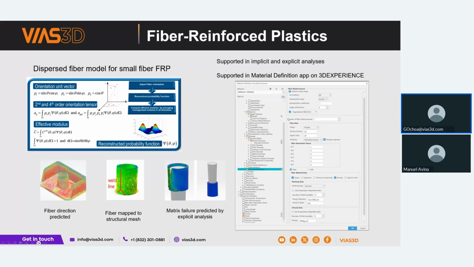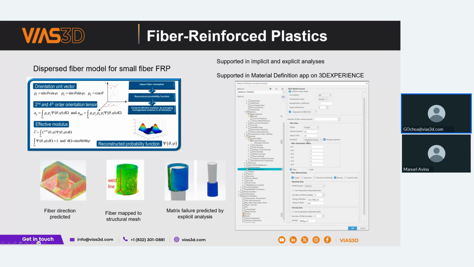On the right side is just an example of how we define the fiber reinforcement material property on the platform. There are other material models being enabled here, such as plasticity, ductile damage. It's not being shown here because the list is very large, but also elasticity. And in this screen, we define the formulation that is going to be used for the mean field homogenization.